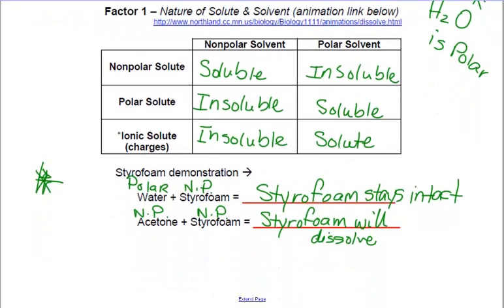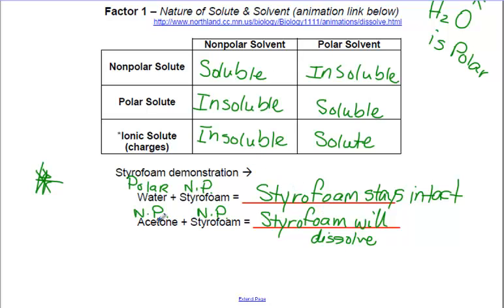So here we talk about a styrofoam demonstration. I will try to do it in class if I have enough acetone. But what happens here is when we have water and we pour that into maybe a styrofoam cup or pour it on top of, you know, one of those styrofoam little peanut things out of packaging, styrofoam is nonpolar. And when we try to mix that with polar, what's going to happen is the styrofoam is going to stay intact. Okay, it's actually going to float in the water.